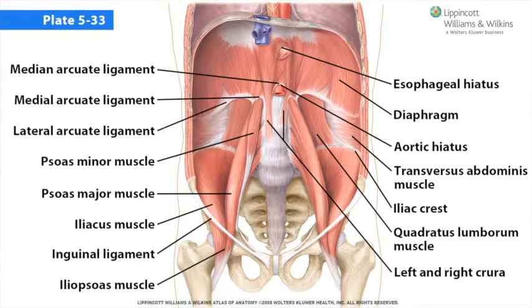The lateral arcuate ligament is a condensation of the fascia of the quadratus lumborum at the point where it is overlapped by the diaphragm. The muscle fibers of the diaphragm insert on its central tendon, which has no bony attachments.